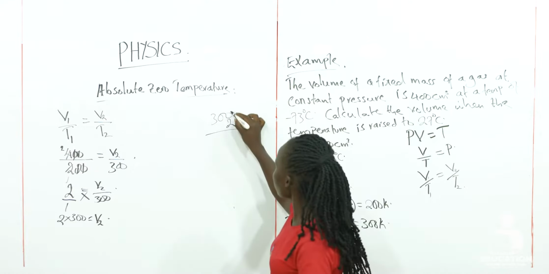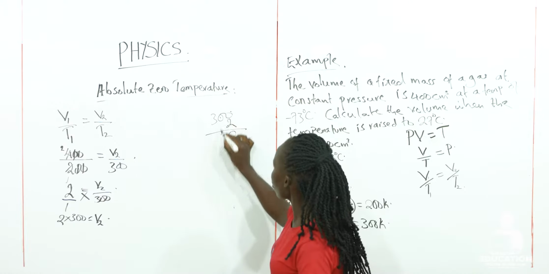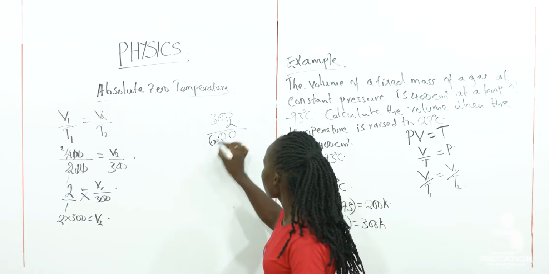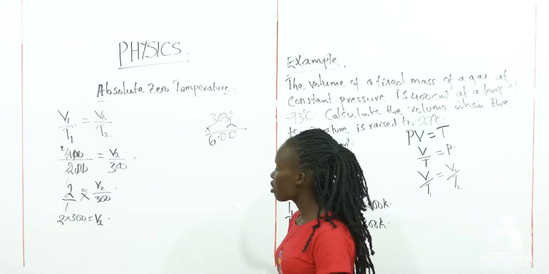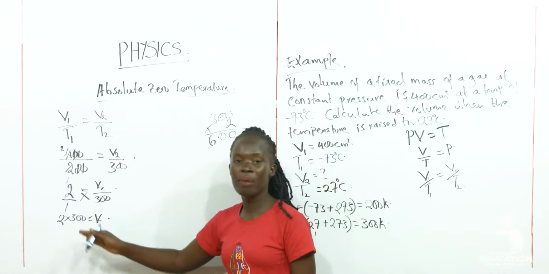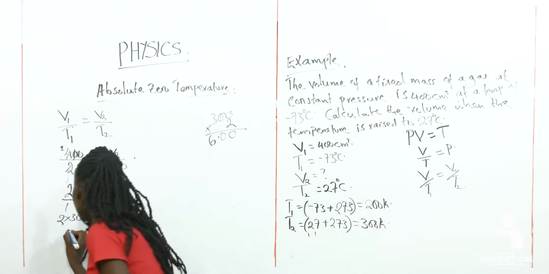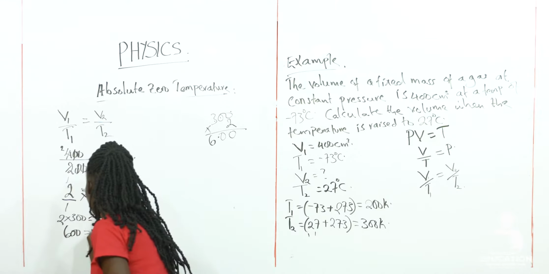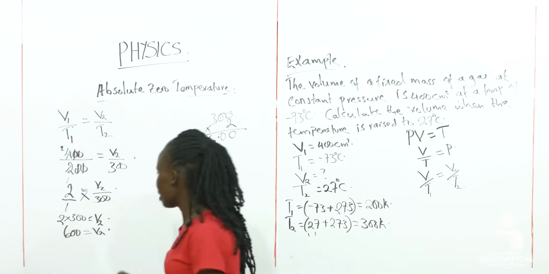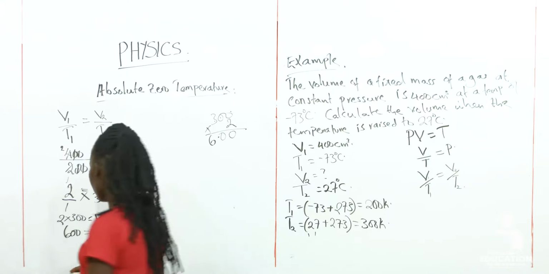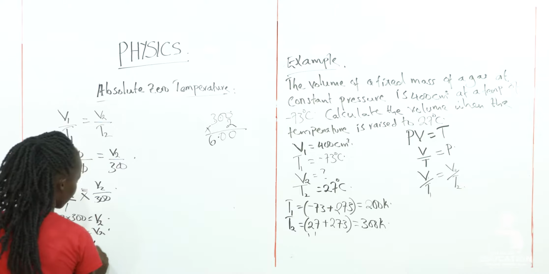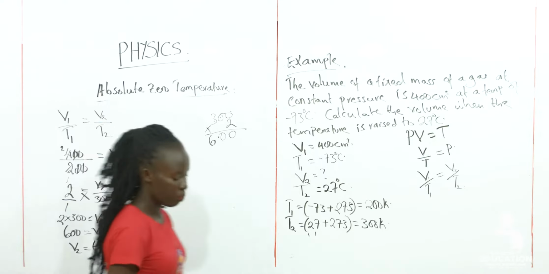So 2 times 0 gives us 0, 2 times 0 is 0, and 2 times 3 gives us 6. So when we multiply 2 by 300, we shall get 600, which equals V2. So what is the SI unit of volume? Because here we are trying to find the volume. So we shall have it as 600 centimeters cubed.